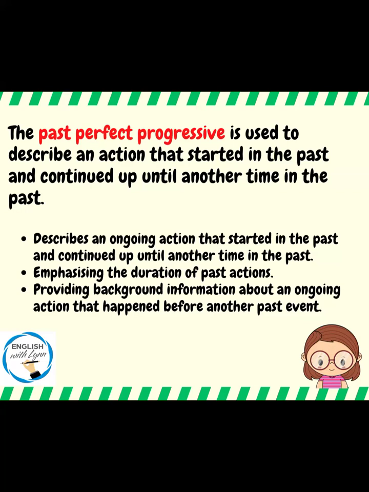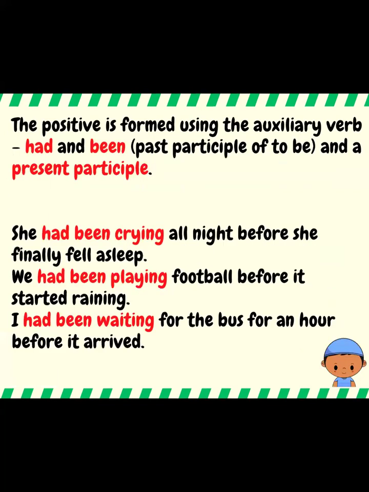And you will notice that this tense, the past perfect progressive, is formed of some of the perfect tense, but some of the progressive tense. So let's have a look at how it is formed now that we know how it is used. When we are forming this tense, you have got the had been part of it that is from the perfect tense.